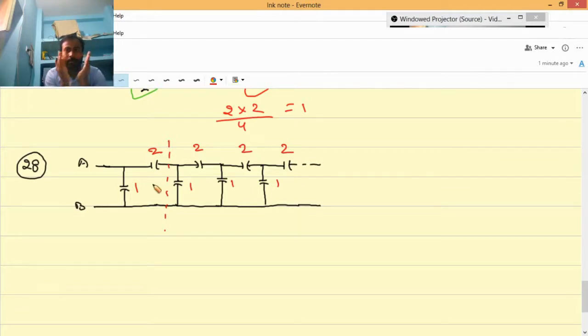I have taken out one sample from this pattern. In between these 2 points, one capacitor is there of 1 microfarad and one of 2 microfarad. So only one sample is taken.